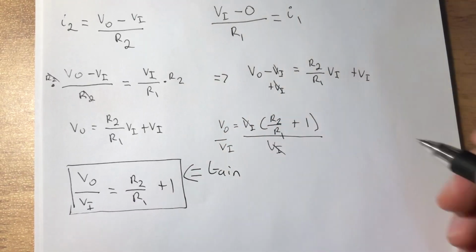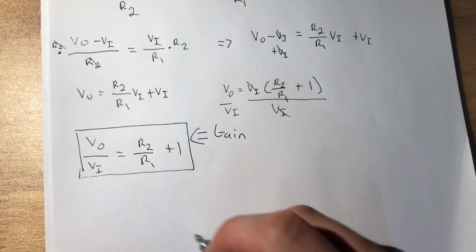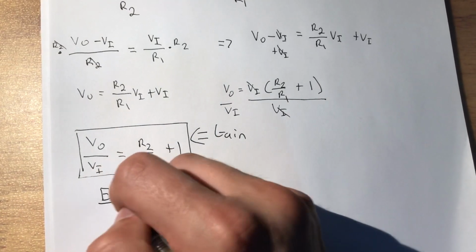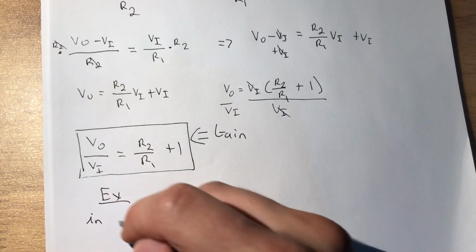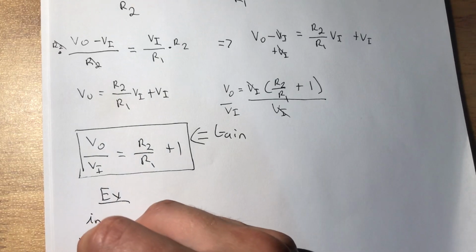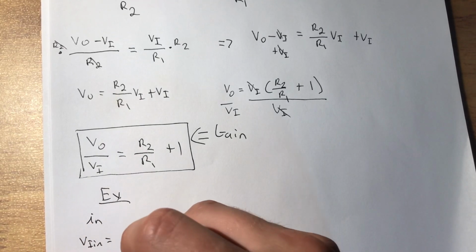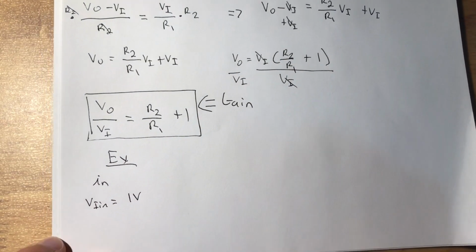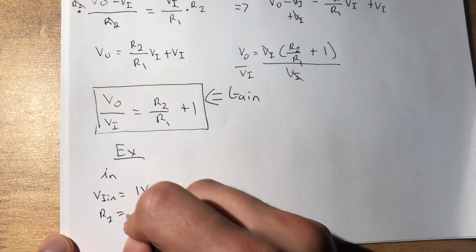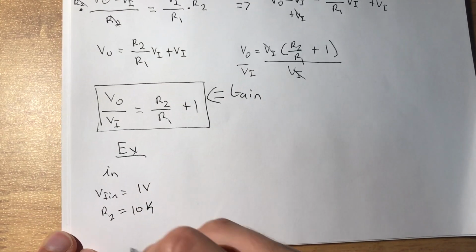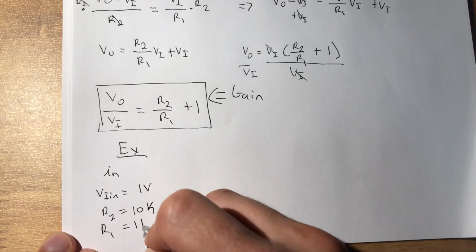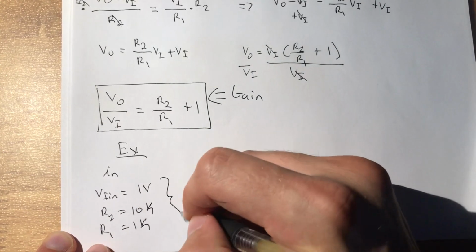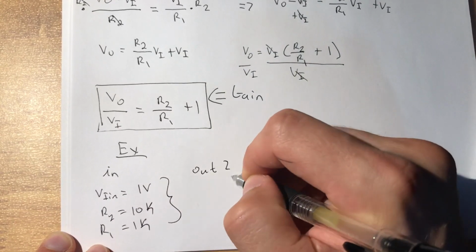is the gain. And so, quick example here, if you have an input of 1 volt, with R2 being 10K, R1 being 1K, then what is the output?